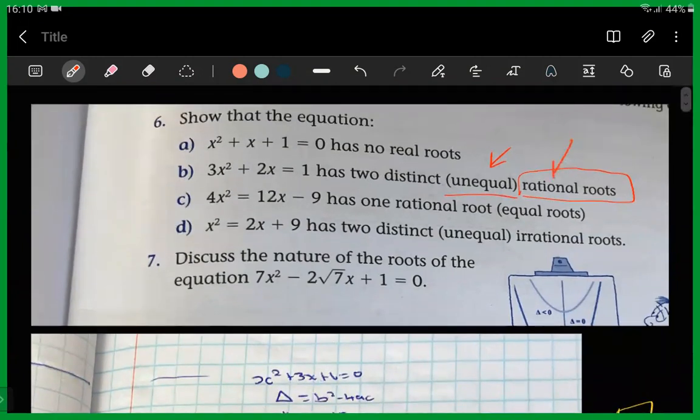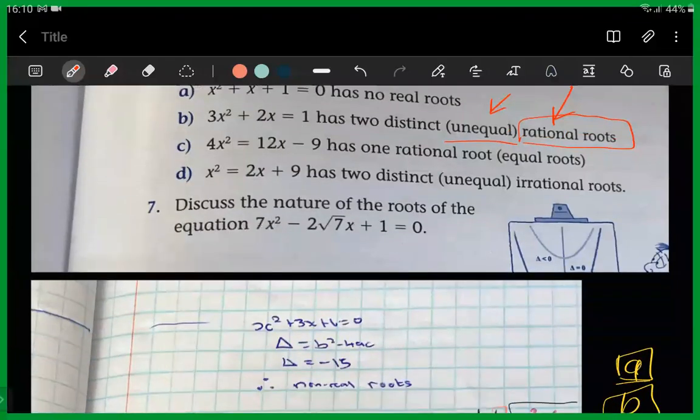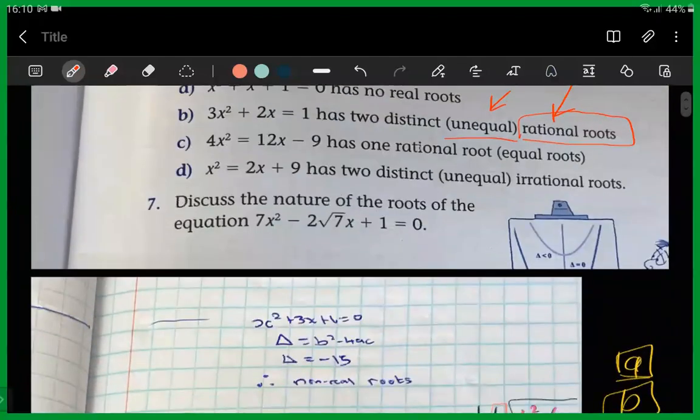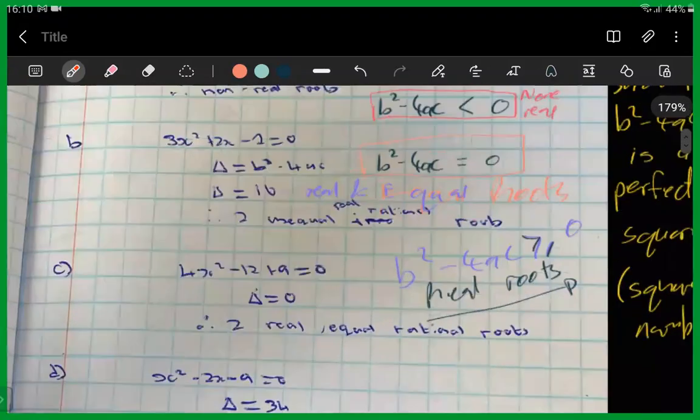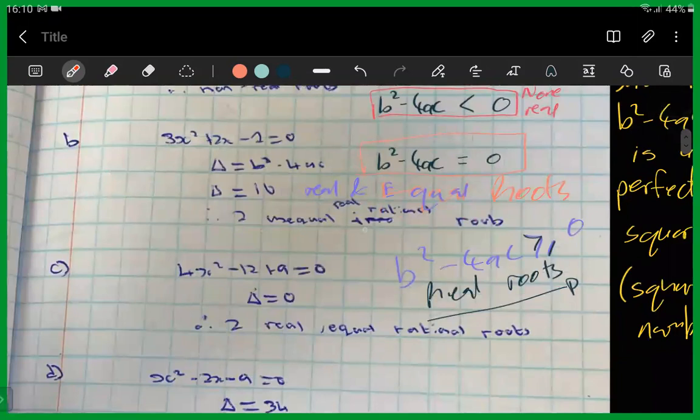The moment they mention rational, we should be thinking of the whole perfect square scenario. So with all that being said, let's see what we can have for b. We have to show that b squared minus 4ac is a perfect square. So two equal rational roots.